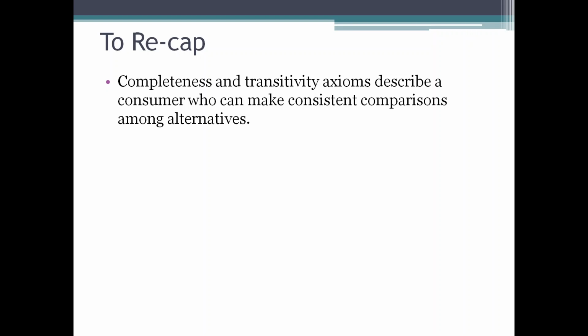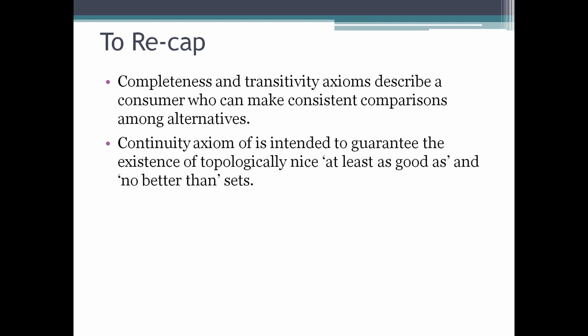So the point consistent is related to transitivity, comparisons and ranking is related to completeness. The continuity axiom is intended to guarantee the existence of topologically nice at least as good as and no better than sets.